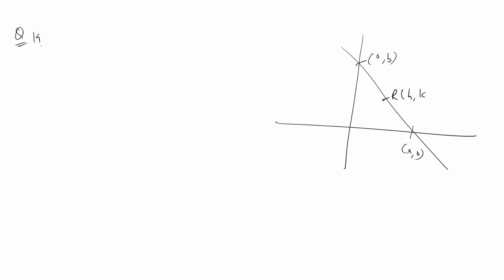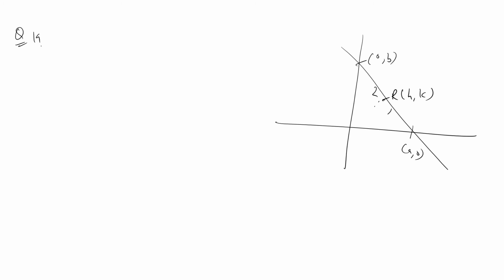So a line is there between the axes, and now you can take the points as a,0 and 0,b. There is a point, suppose its coordinates are h,k, and it is dividing this segment in 1:2. So you need to get the coordinates. Previously we used the midpoint formula, but here we will use the section formula.